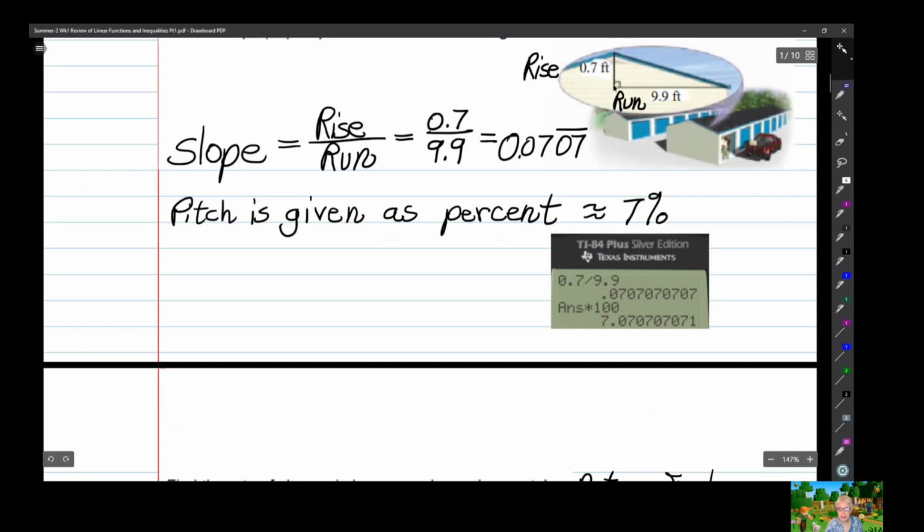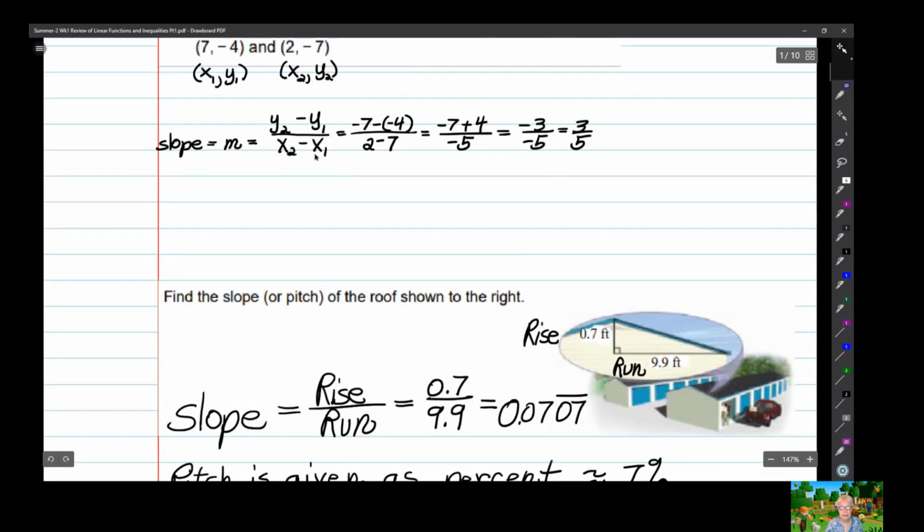The vertical side of our triangle here is called the rise, and the horizontal side is called the run. Slope is rise over run. In fact, that's precisely what y2 minus y1 over x2 minus x1 is. y2 minus y1 is the rise, and x2 minus x1 is the run.